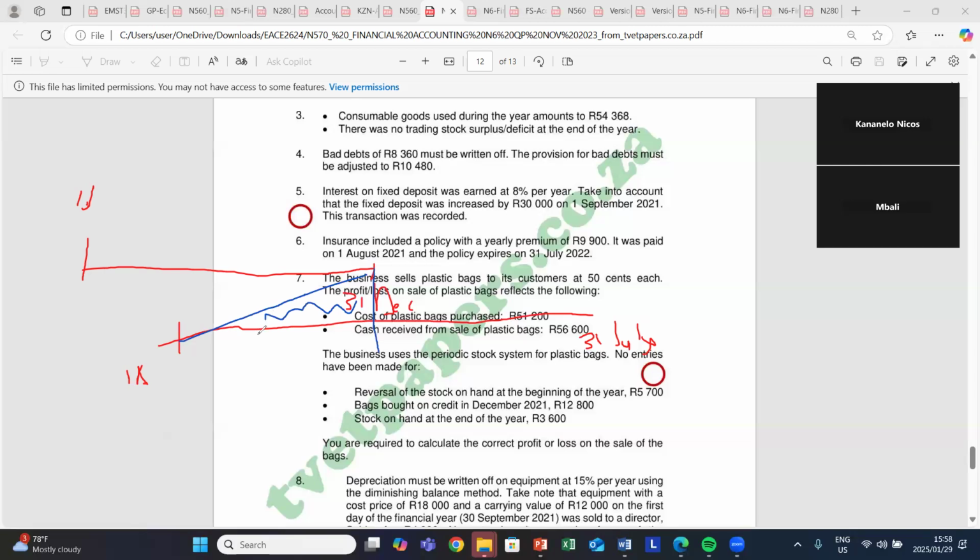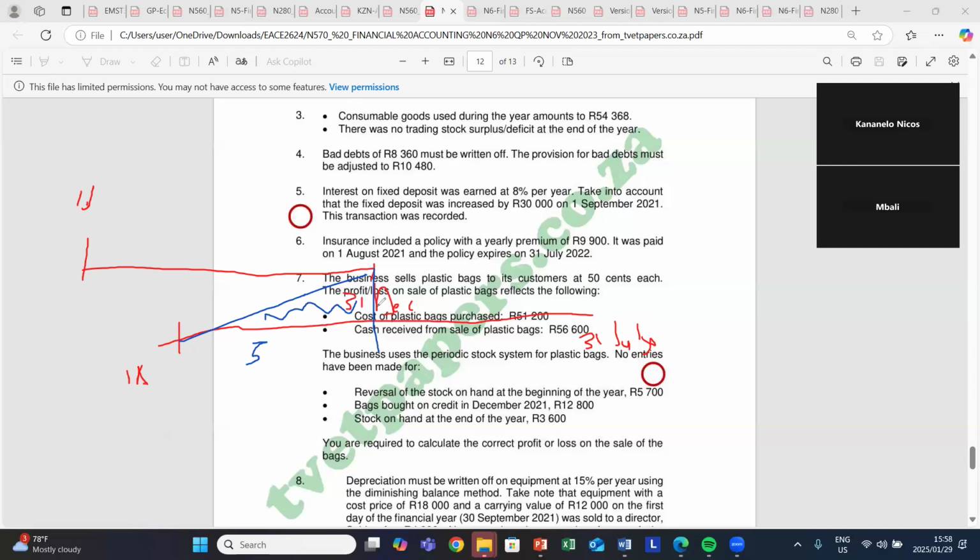Let's count it with our fingers: August, September, October, November, December. It's 5 months.